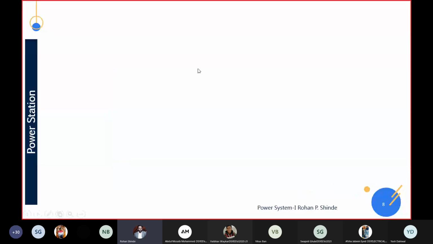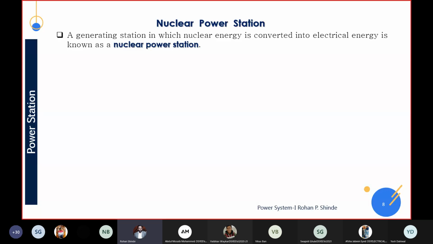So first of all we will see nuclear power stations. A generating station in which nuclear energy is converted into electrical energy is known as a nuclear power station. For the turbine, nuclear energy is the input.